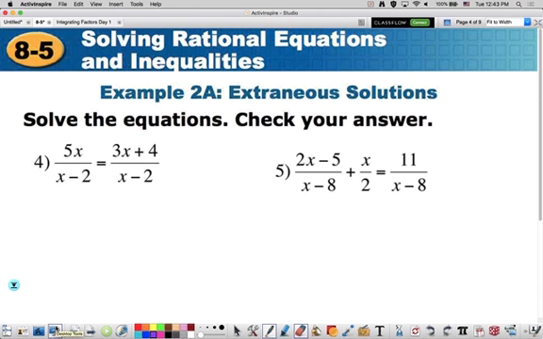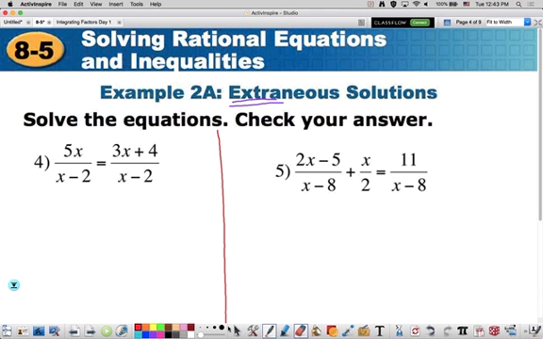Here's one where we're going to get extra, okay? Extraneous solutions. Extra solutions, ones that will not work, all right? So let's start with 4. Somebody who I haven't heard today, make a suggestion.